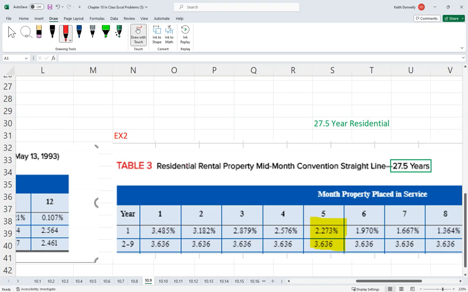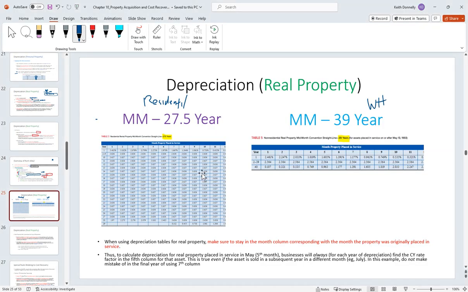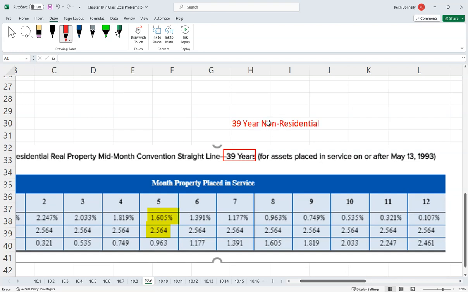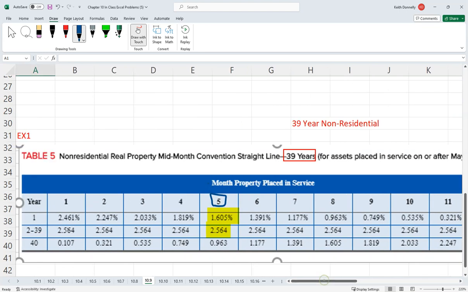So first off, we're given 2 tables. We go back here, which one do we pick? Well, they told us in the facts that it's non-residential, so that's the avenue we're going to go down. They also told us that we put it into service in May, the month the property was placed in service.